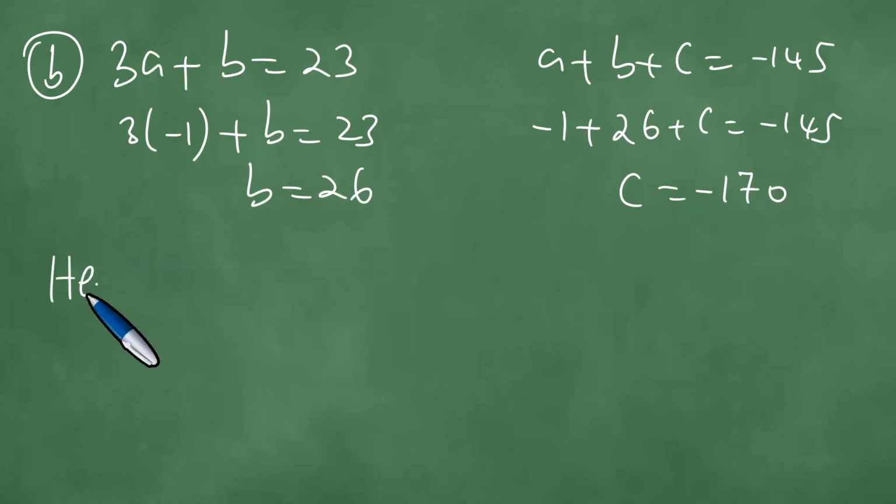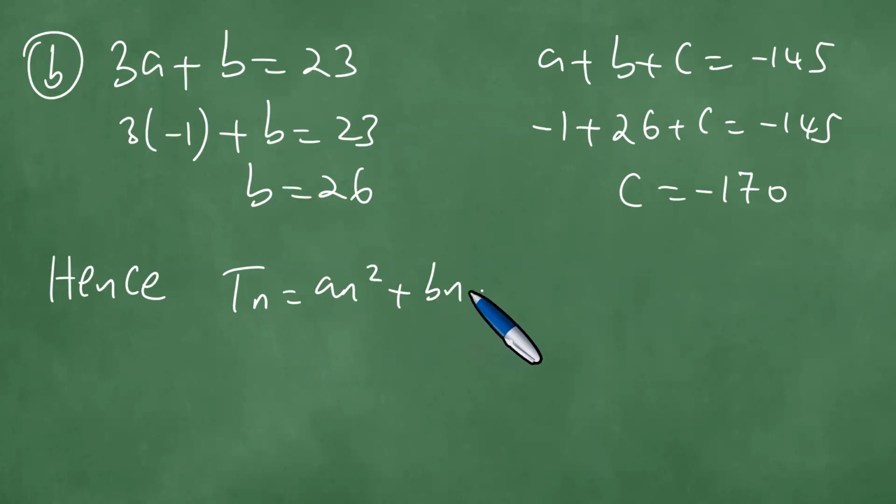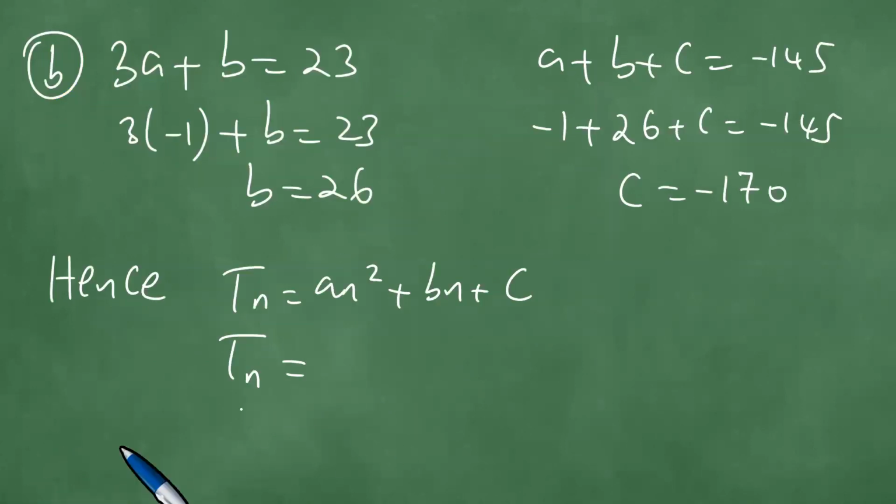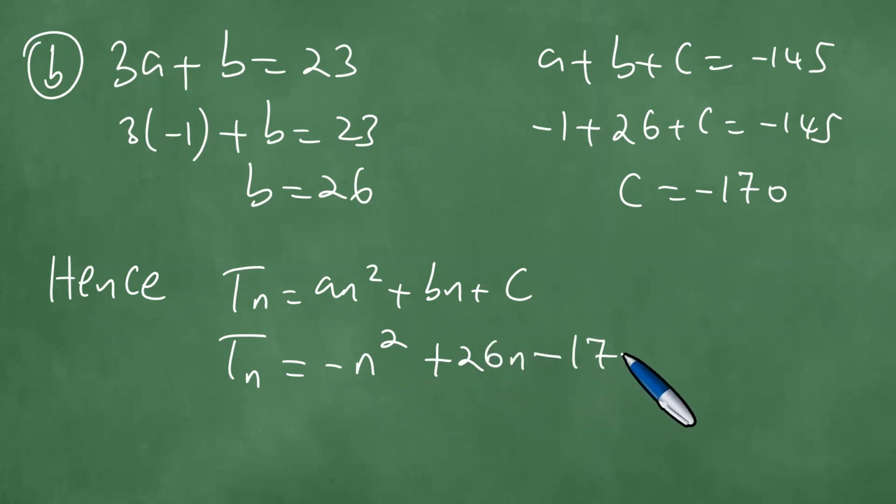And hence the observation therefore is that Tn equals an squared plus bn plus c, which means you have Tn equals minus 1, so this is going to be minus n squared plus 26n minus 170.